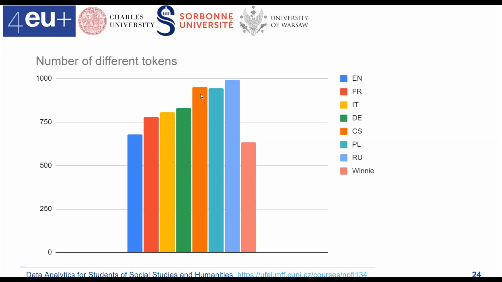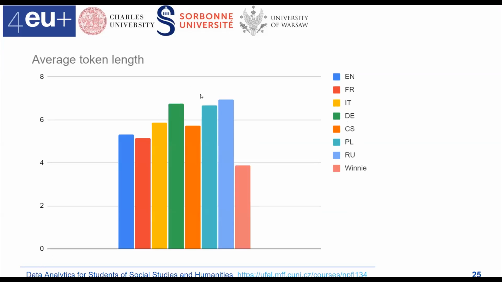So next is the question of average token length, and it is not surprising that the average token length is smaller in the case of Winnie the Pooh, that the author uses shorter words than the authors of the European Union regulation preamble on the conditionality.